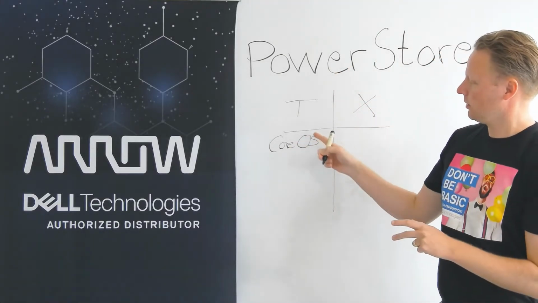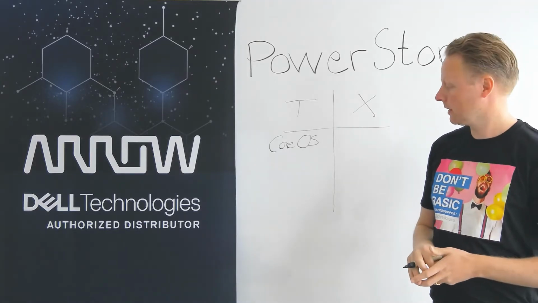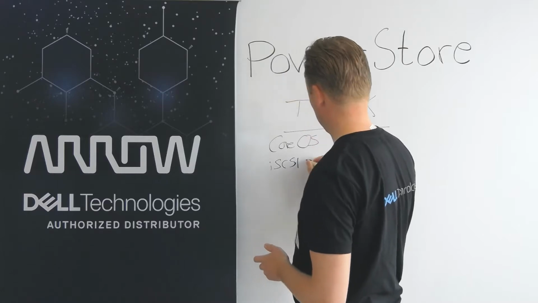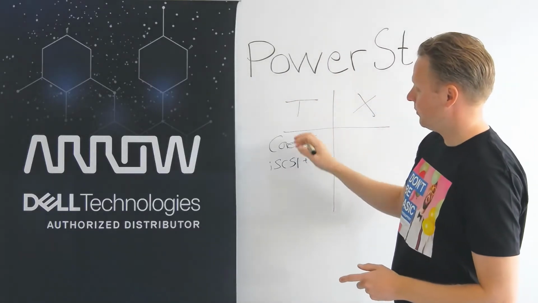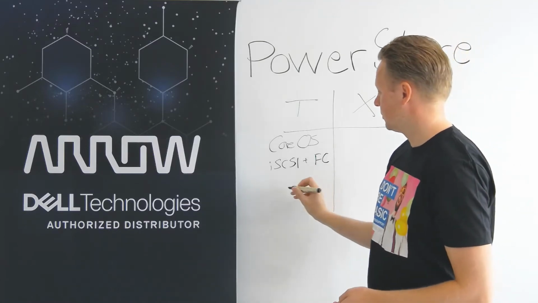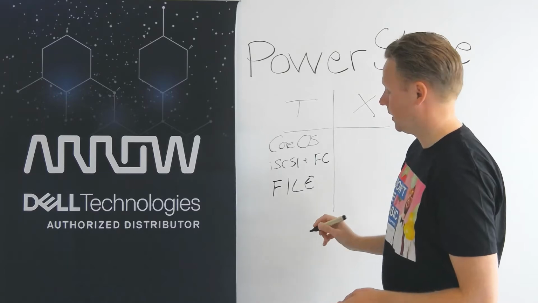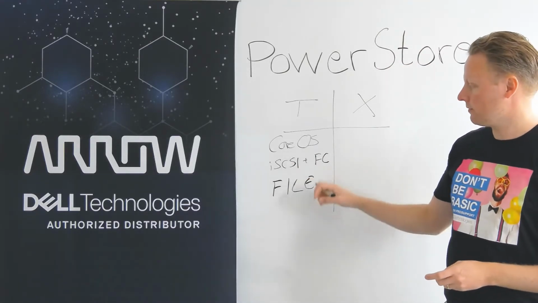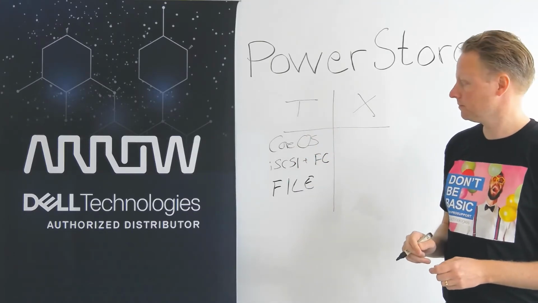This model is able to provide block storage using iSCSI and fiber channel. The T model also is able to provide file, that is NFS, SMB, FTP. So the file services are available from this PowerStore T model.